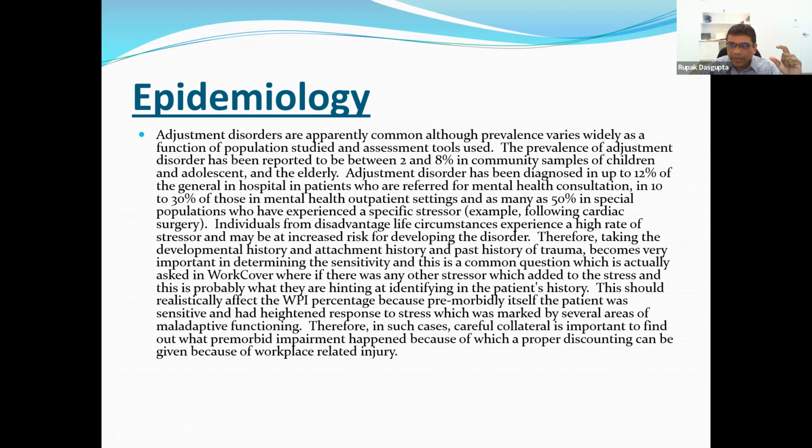People who are poorly attached, who have got attachment traumas, who have got a past history of trauma, would adjust to things very poorly, and it must be clearly documented so that you can give proper discounting on the WPI when you calculate. Because pre-morbidly itself, the patient was not coping very well, and there's no point in giving the WPI pre-morbid as 0. If you're not able to calculate because you don't have a baseline, it's important to at least acknowledge that this patient was sensitive.